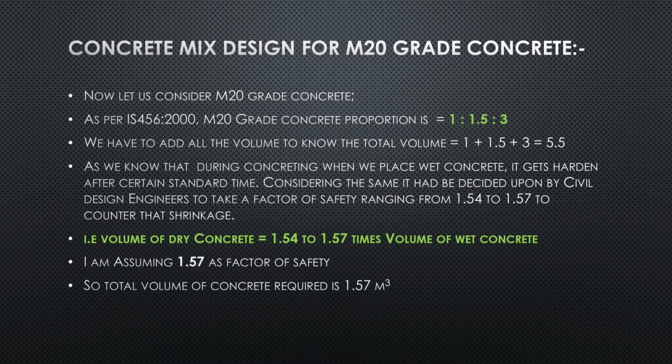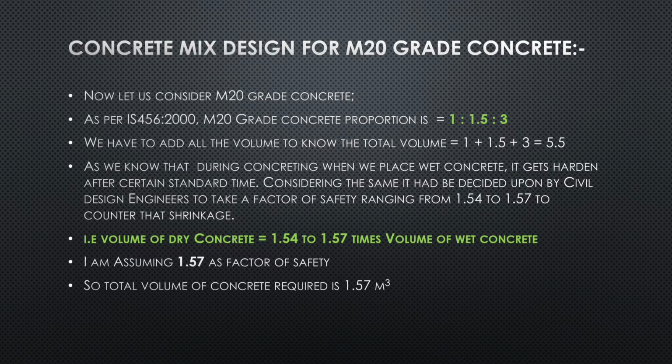As we know, during concreting, when we place wet concrete, it hardens after a certain standard time. Considering the same, civil design engineers decided to take a factor of safety from 1.54 to 1.57 to counter that shrinkage.